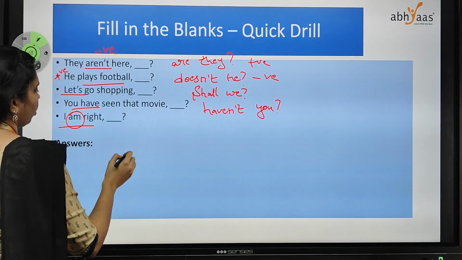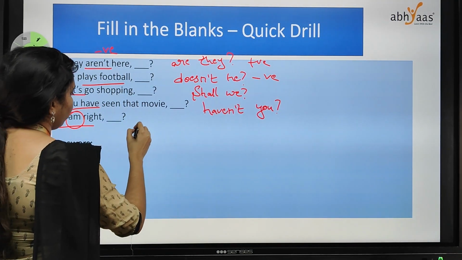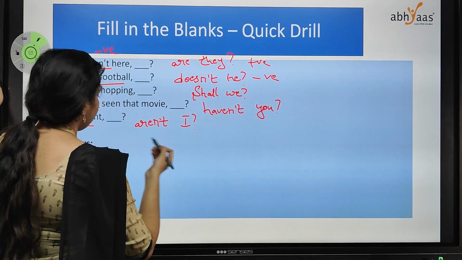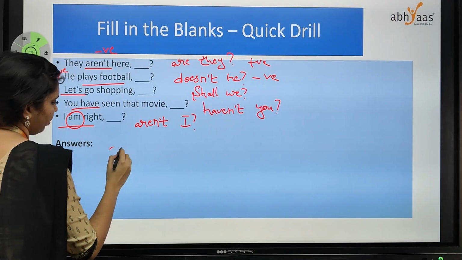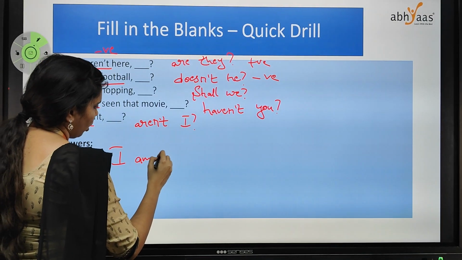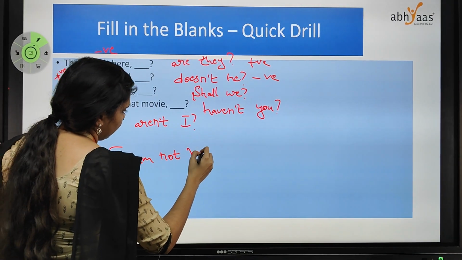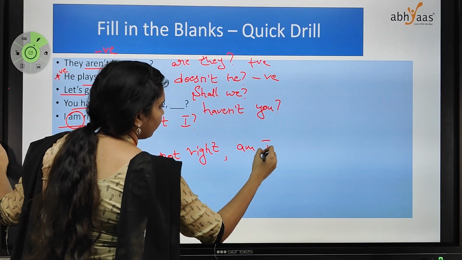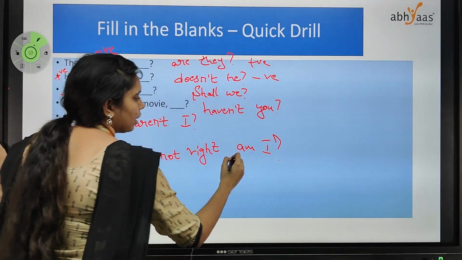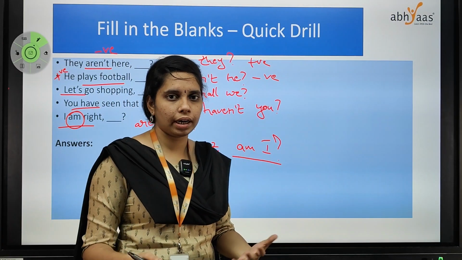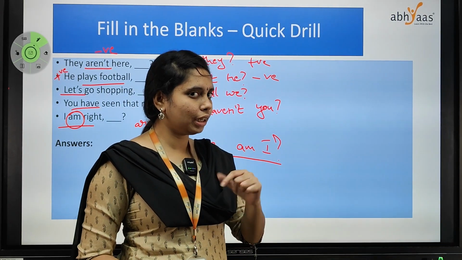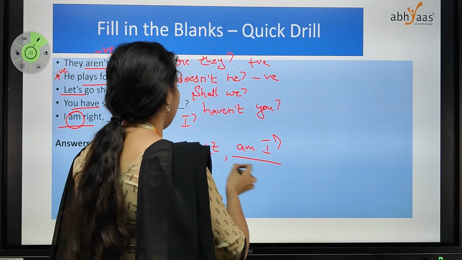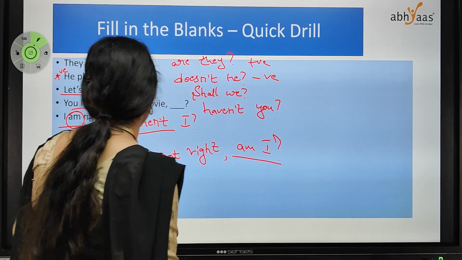Whenever you encounter I am in a positive tone, it goes like aren't I. And if it is in a negative tone, for example, I am not right, then you can use am I. Am I is the correct usage. I am not right, am I. But if you want to use it in a positive sentence, it should be aren't I, not amn't I. Remember that.